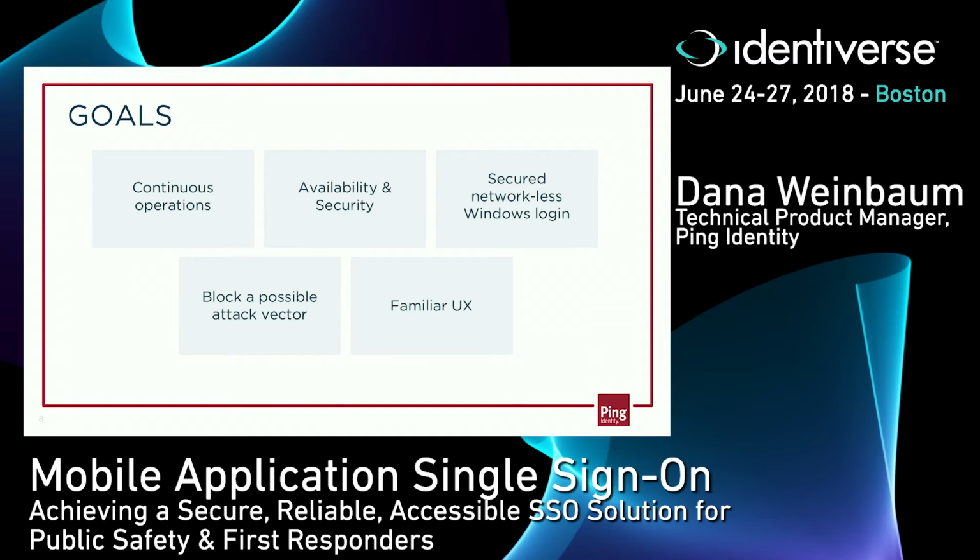And in the Windows login, as I will show afterwards, the lack of a heavy network connection is really common. It allows to block a possible attack vector on the organization by blocking PingID, and it allows a familiar user experience for the user for both online and offline authentication.